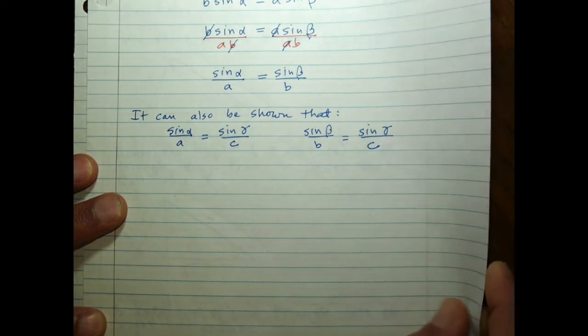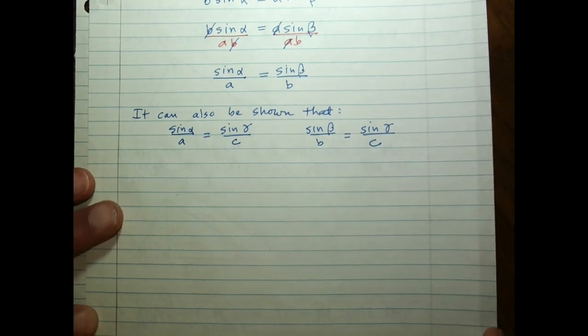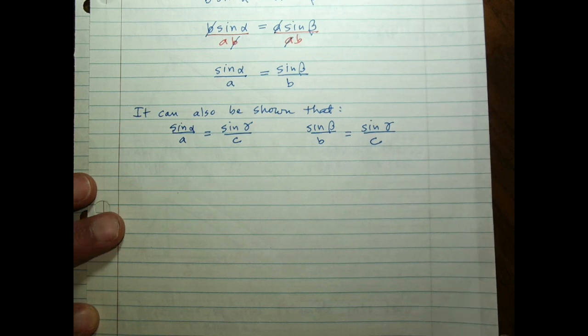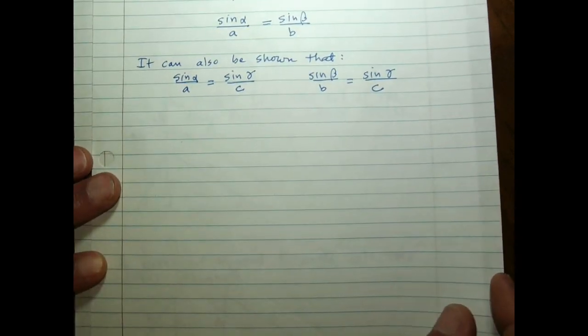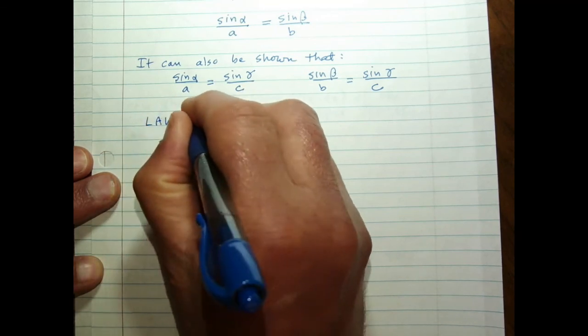In a sense, it doesn't matter whether we work with a, b, c, alpha, beta, gamma, the same relationship holds. And normally this is all summed up in just one triple equation. This is called the law of sines.